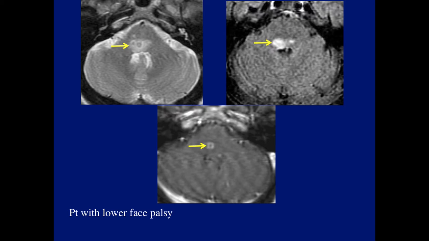Correct. Eric mentioned the correct diagnosis, toxo. This was a patient with toxo and had lower face palsy. Again, a lesion in the region of the nuclei. Why sometimes only the 7th is involved or only the 6th is unclear, but many times both of them are involved.